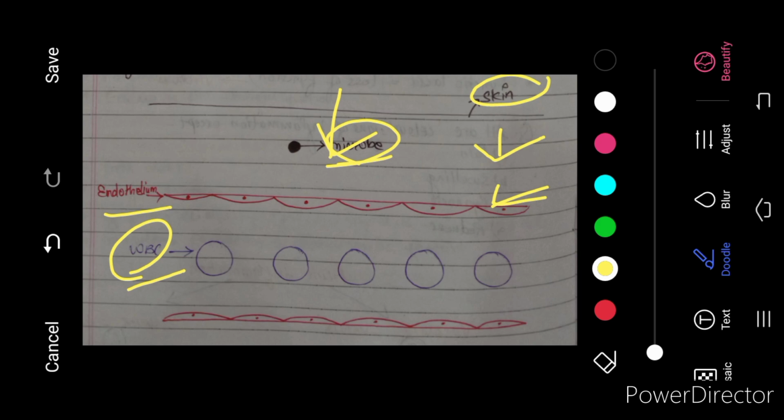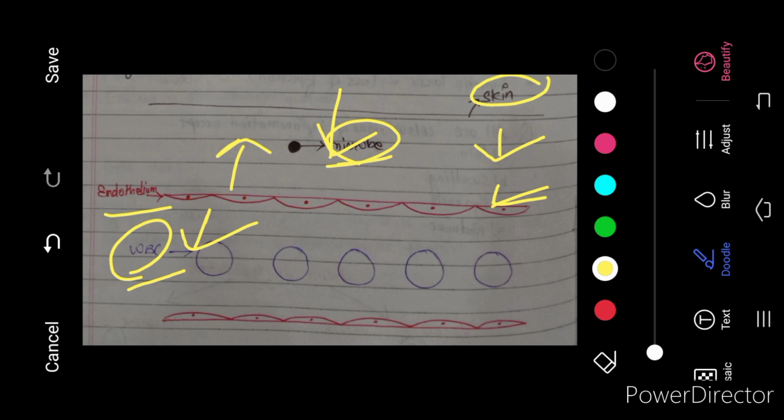So how will they meet? Since the microbe is extravascular, that is, present outside the blood vessel, and the WBC is intravascular, that is, present inside the blood vessel, if you want them to fight, we have two options.